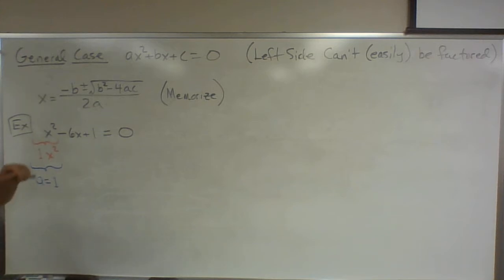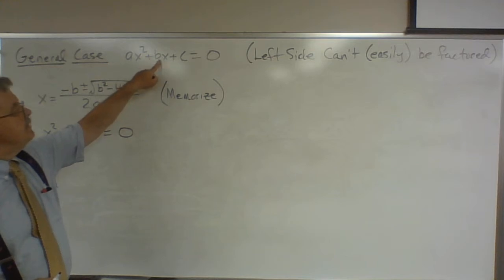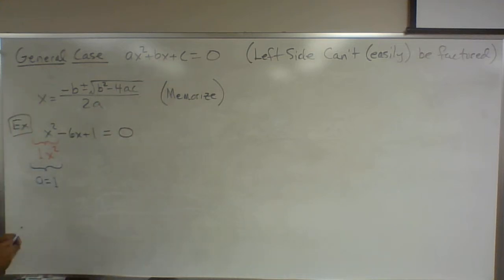Now, in our model of a quadratic equation, we have plus b times x. So here we have plus negative 6x. So b is negative 6.